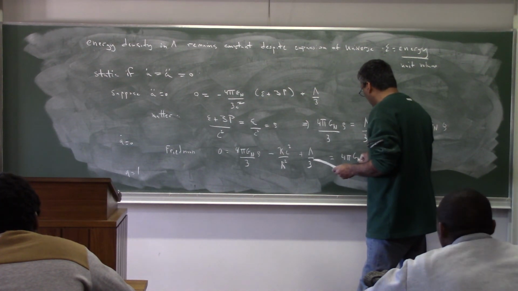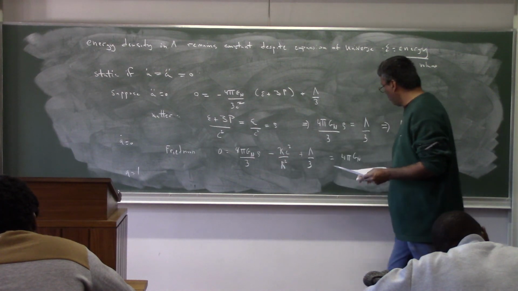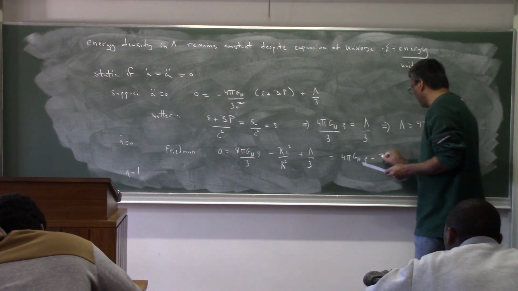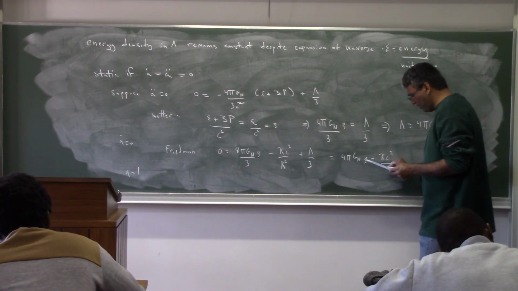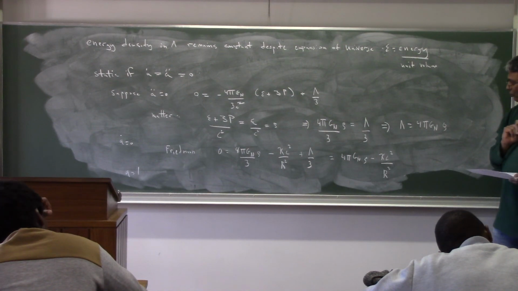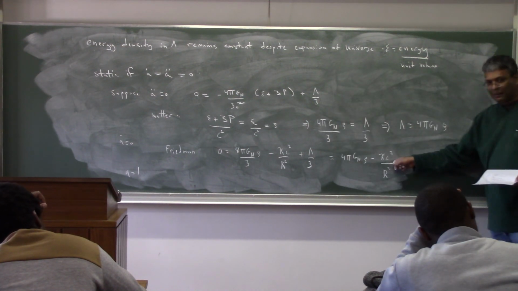So this equals 4 pi. Combining this term and that term, you have 4 pi G Newton rho minus kappa c squared over r squared. So in order for these two terms to cancel, to get 0 on the left-hand side, kappa has to be positive.